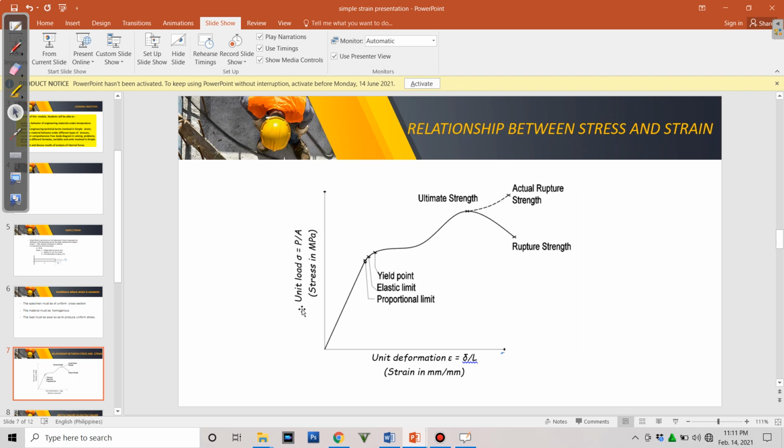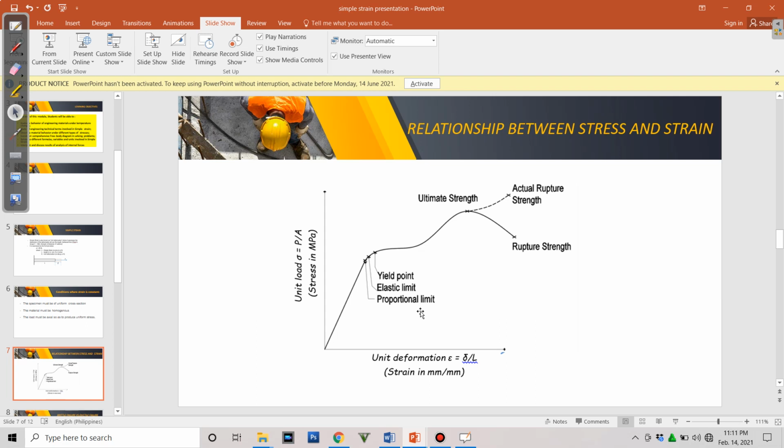So we can see here, unit load, or stress, is on the y-axis, while the unit deformation is on the x-axis, or abscissa. Now, there are several stages on the stress-strain diagram wherein there are various behaviors of the material.